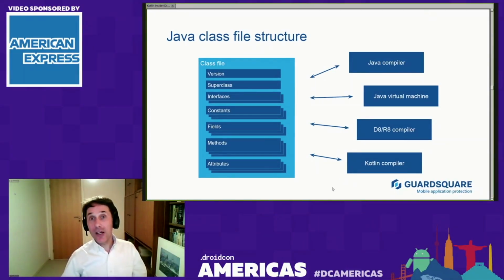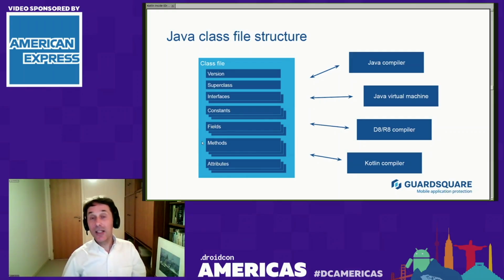And this is mostly, again, out of curiosity, but it's nice to know where everything is stored. If you look at a Java class file, it has a very standard structure. It's very easy to decompile or disassemble as a result. As you might expect, there is a version number in it. It specifies for the class the superclass, its interfaces. It has a whole list of constants like integer constants, float constants, classes, method references, and so on. And as you would expect, it contains the fields that are in the class.